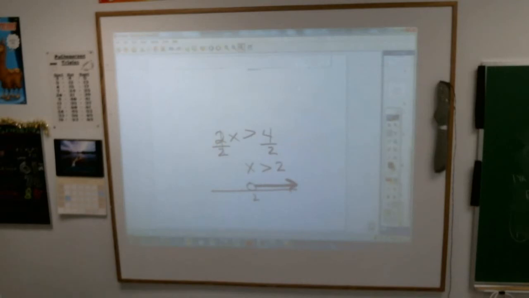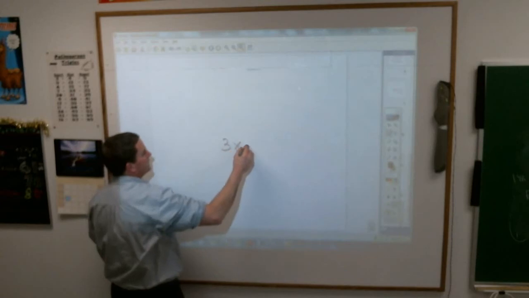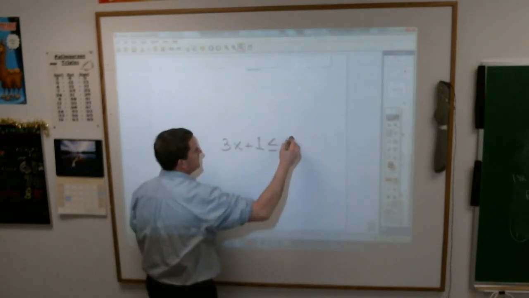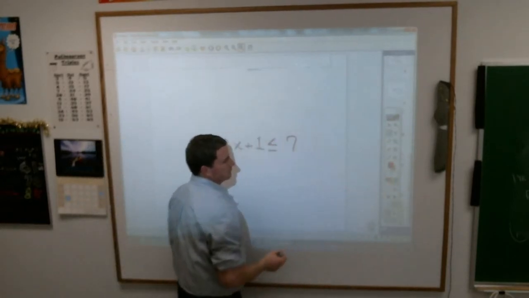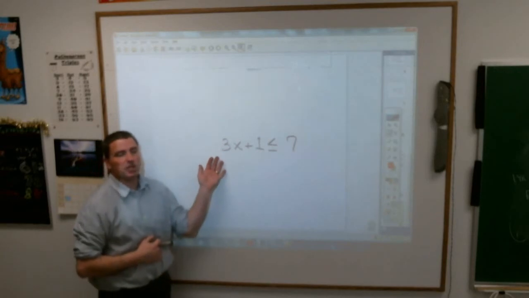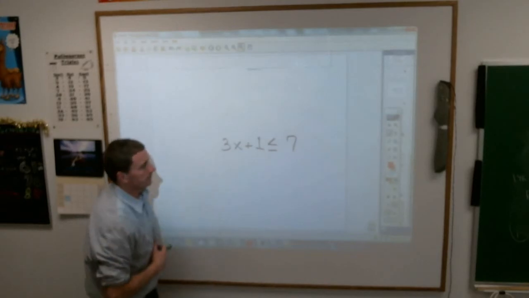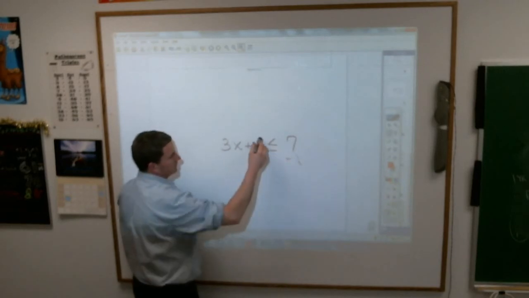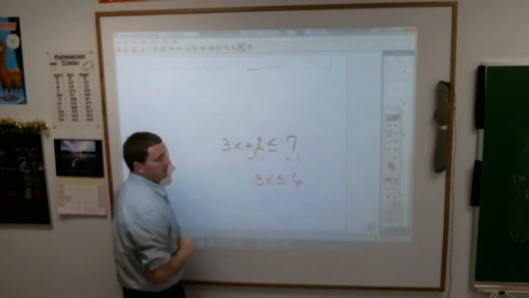Now even one a little more difficult: 3x plus 1 is less than or equal to 7. If this were an equation, how would I solve that? What would I do first? Jacob? You would subtract the 1. Subtract 1 from 7. Correct, so now I'm left with 3x is less than or equal to 6.